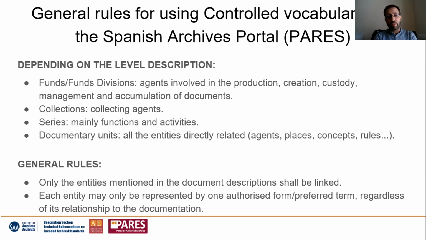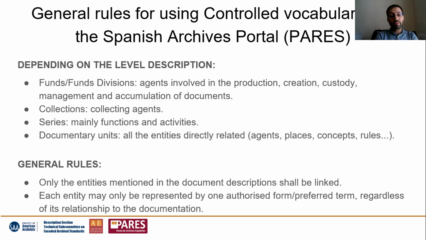For example, for the funds or fund divisions, we link the description entities of the agents involved in the production, creation, custody, management, and accumulation of documents. These will be the main entities that we link to this description level of records.